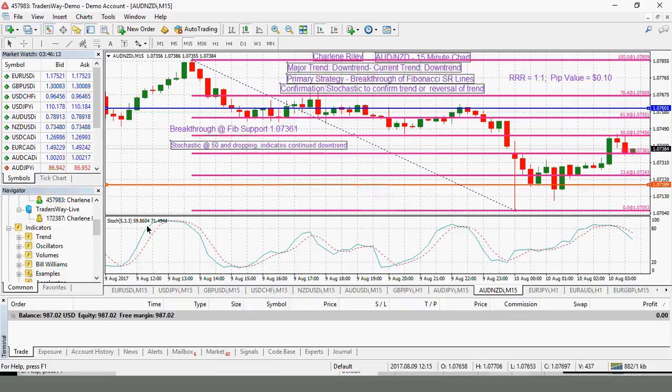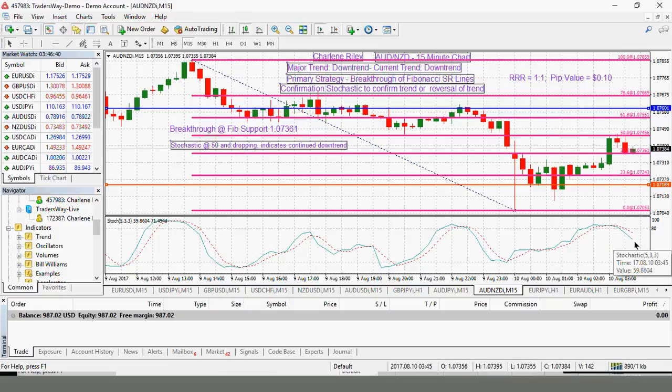So I'm looking for the stochastic to go down, and once that gets below 50, hits 50 and below, then that will confirm the breakthrough in the downtrend, and at that point I will enter into a sell.